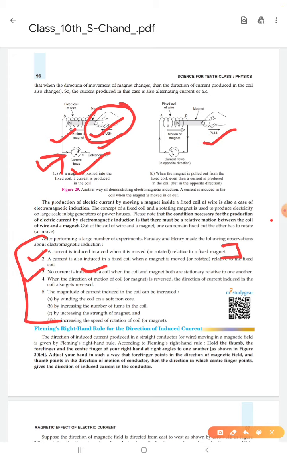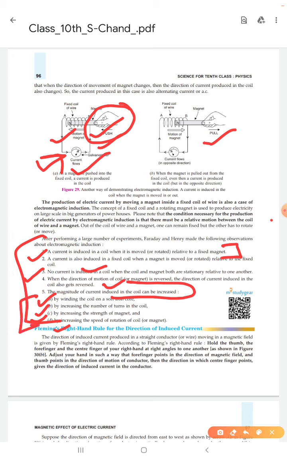When we change the direction of motion of the coil or the magnet, the direction of current also gets reversed. The magnitude of the current induced in the coil is increased by winding the coil on a soft iron core, by increasing the number of turns in the coil, by increasing the strength of the magnet, and by increasing the speed of rotation of the coil.